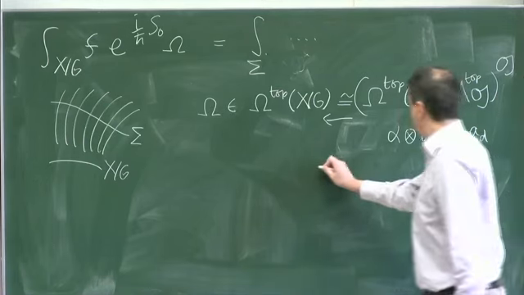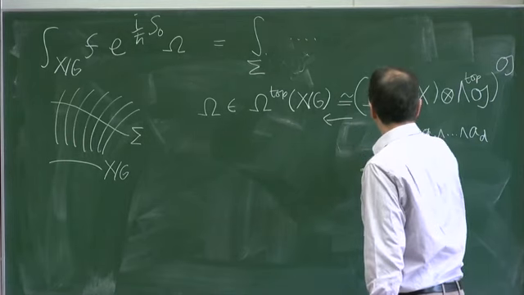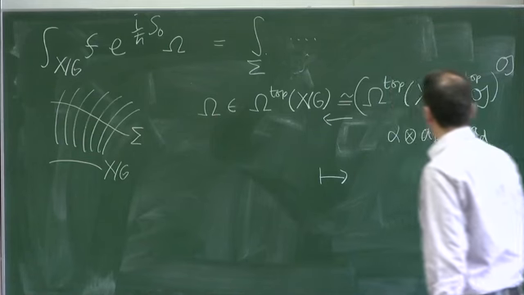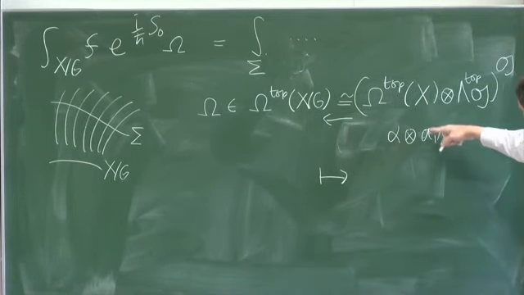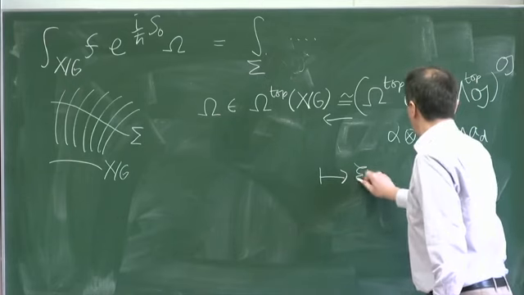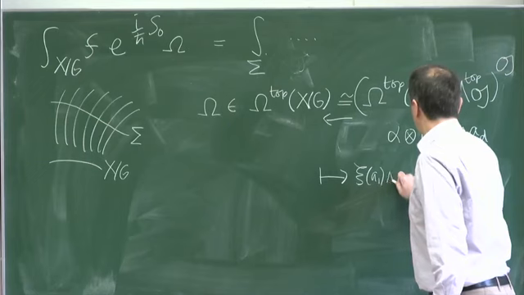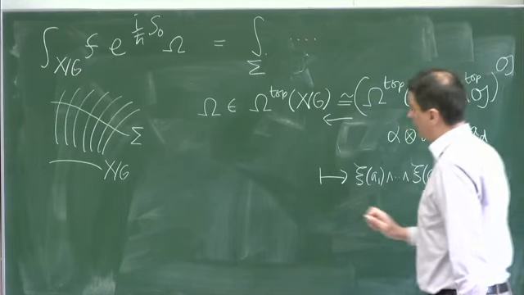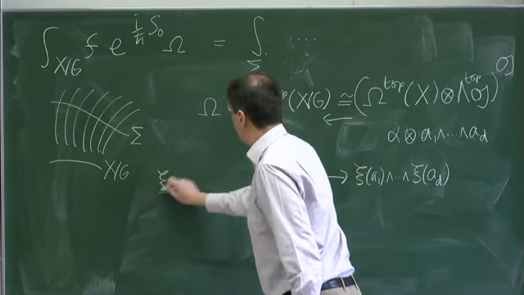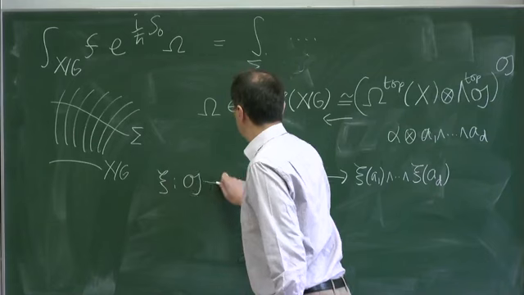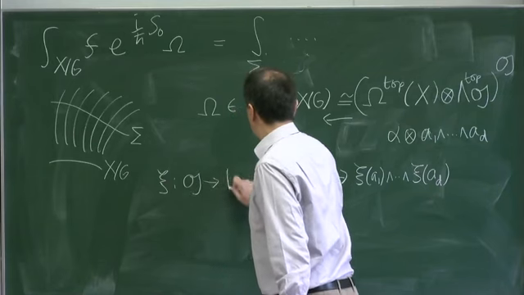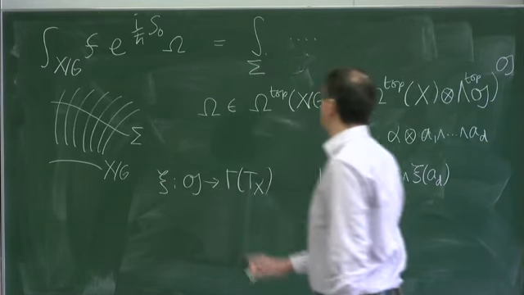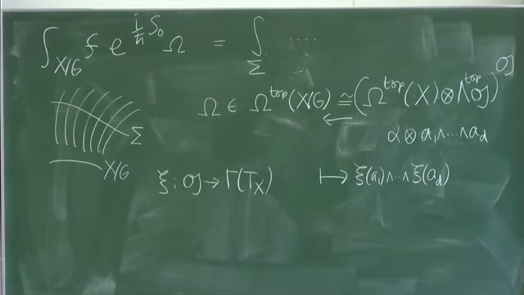So you can contract, and maybe this is a good occasion to introduce this notation. You can consider the corresponding polyvector field, which is psi of A1 wedge psi of AD. And psi is the action of the Lie algebra G to tangent vectors, vector fields.